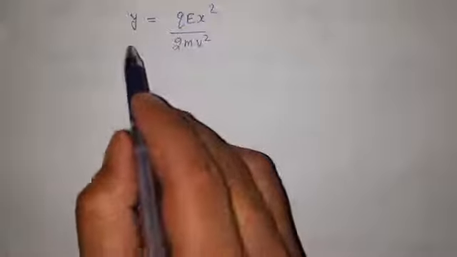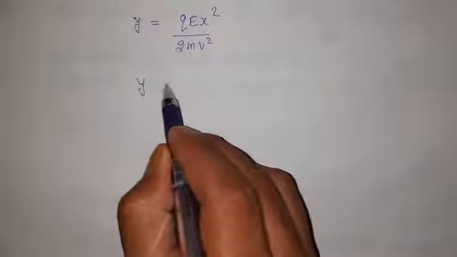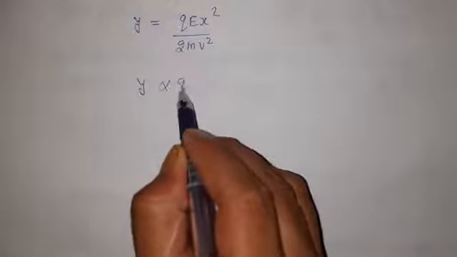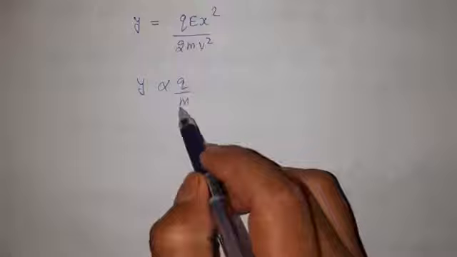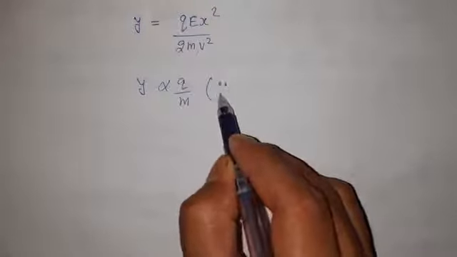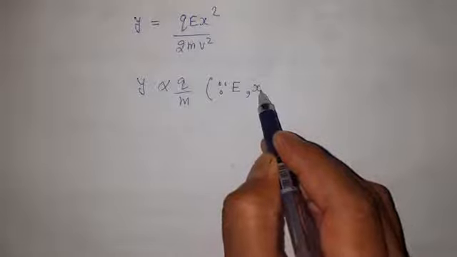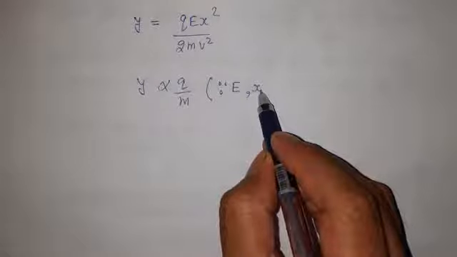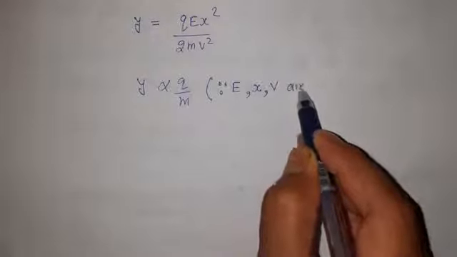On what factor will this vertical deflection depend? This vertical deflection is directly proportional to q by m. Why is it only proportional to q by m? Because the electric field, the distance which it moves in the electric field, and its velocity are going to be constant.